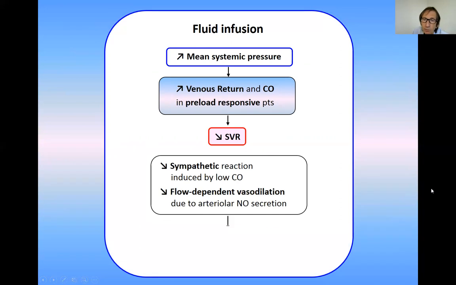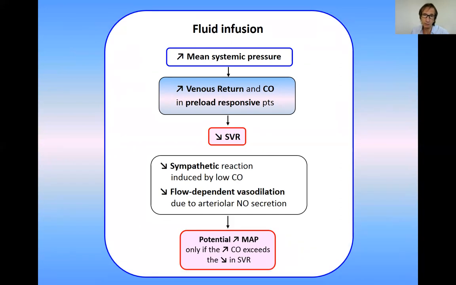And what about mean arterial pressure now? Mean arterial pressure depends on cardiac output and depends on SVR. And of course, we could have a potential increase in MAP only if the increase in cardiac output exceeds the decrease in SVR. So it does not happen in all patients.